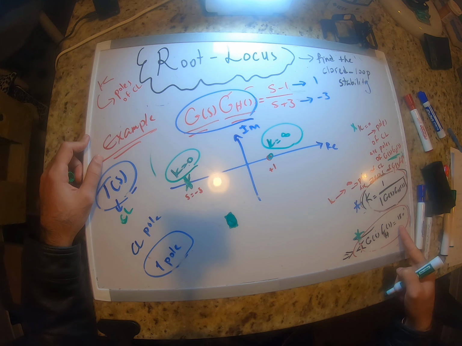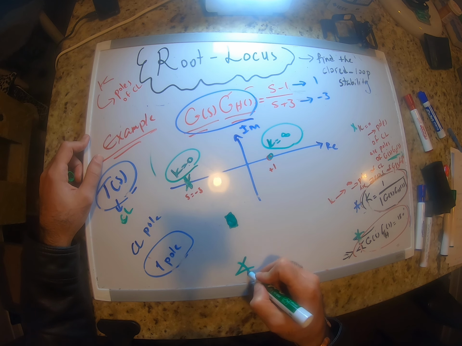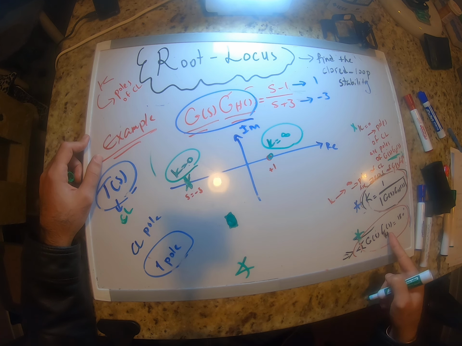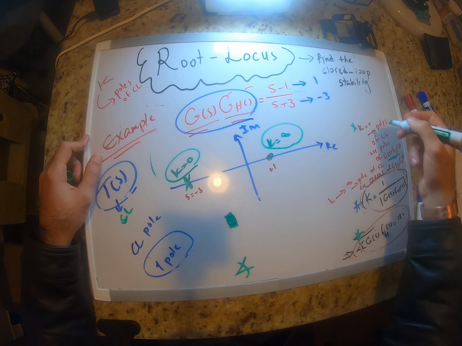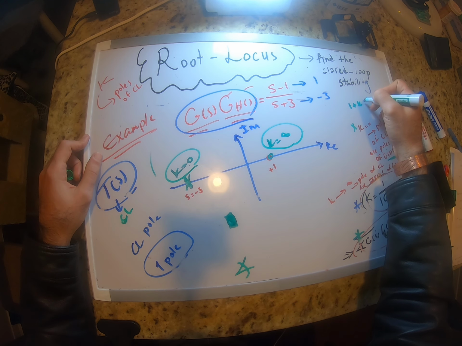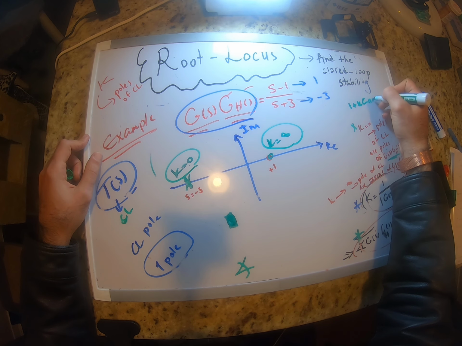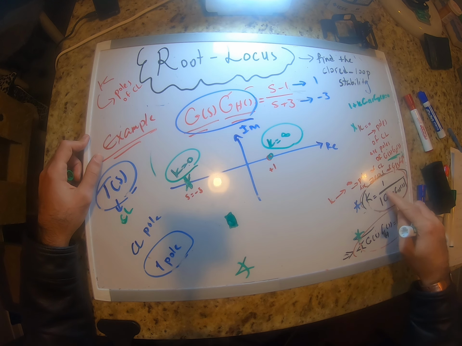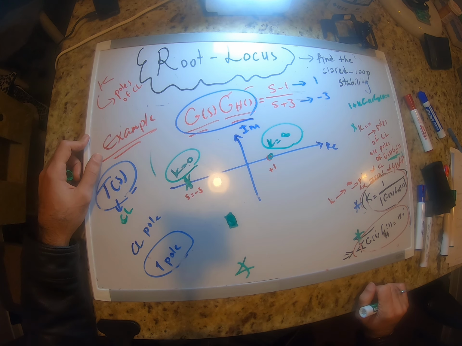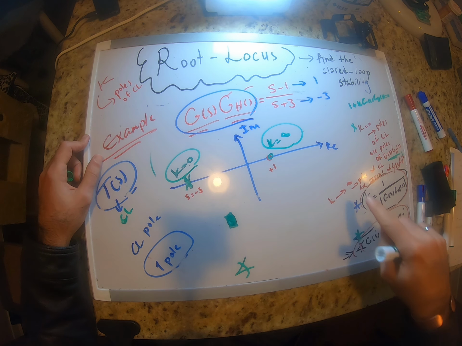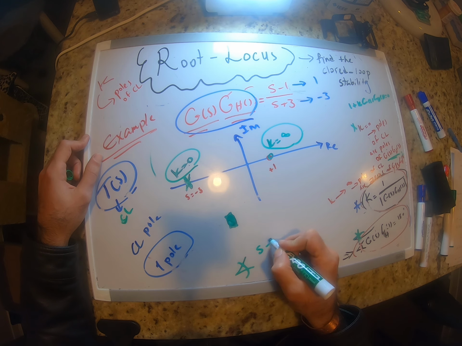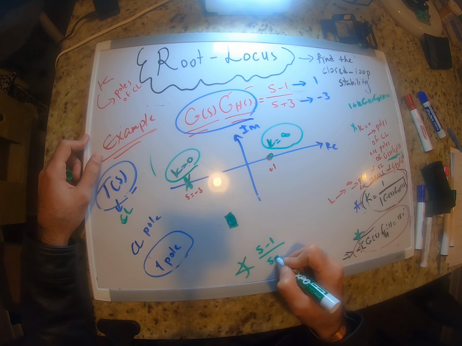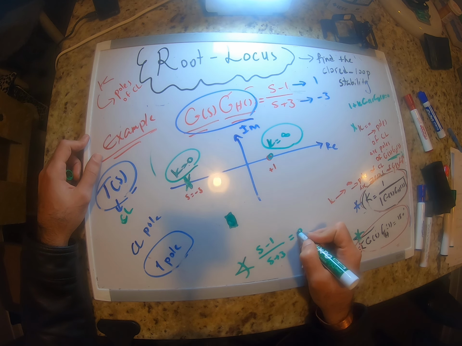So the phase of G(s)H(s) should be equal to 180 degrees, because this is basically 1 plus k G(s)H(s) should be equal to 0. So these two conditions should be satisfied. Let's write this down. So the phase of (s minus 1) divided by (s plus 3) should be equal to 180 degrees.